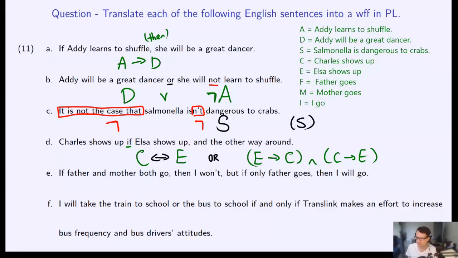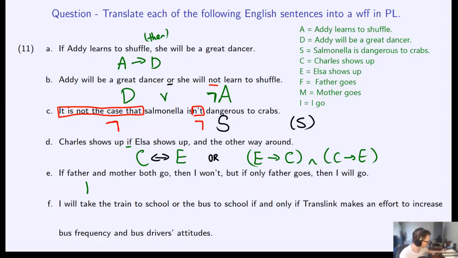Okay, E is another one that's a little bit complicated. Actually, E is quite complicated. So let's just tackle the first part. If father and mother both go, then I won't. So how do we do this one? If father and mother both go, then I won't. So father goes.